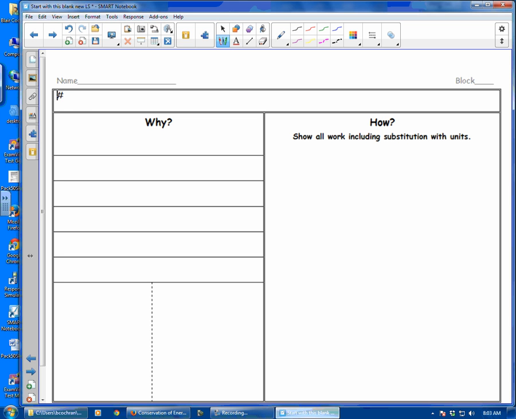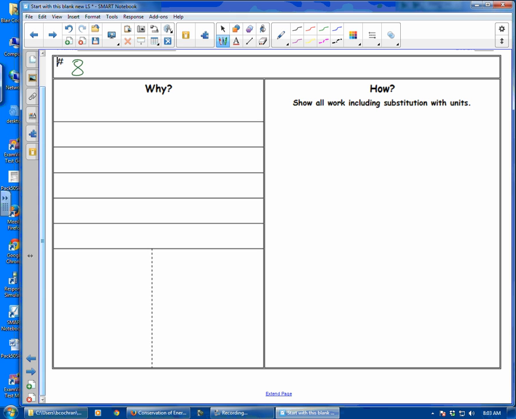Let's see, this is number 8. And I think, okay, I'm going to start off with the friction. It does non-conservative work, so mechanical energy is not conserved in the system.